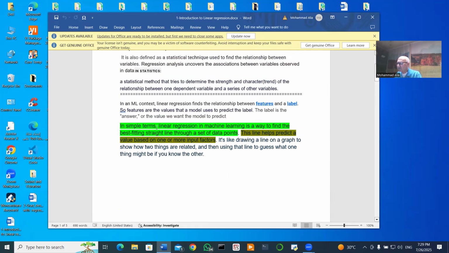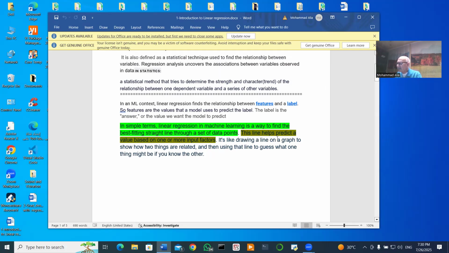So in simple terms, linear regression in machine learning is a way to find the best fitting straight line through a set of data points. Why do we use that? In order to be able to predict values, labels, when we have definite values of the features.